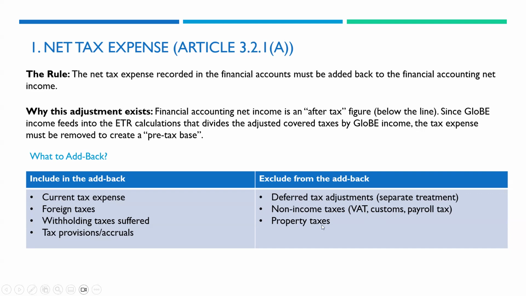And also other taxes like property taxes or luxury taxes, don't add those back, for the simple reason that they are not covered taxes. So you understand why we are taking after-tax income and then adding back certain taxes, because not all taxes in the financial statements are to be excluded. You have to cherry-pick and deduct. Clear?